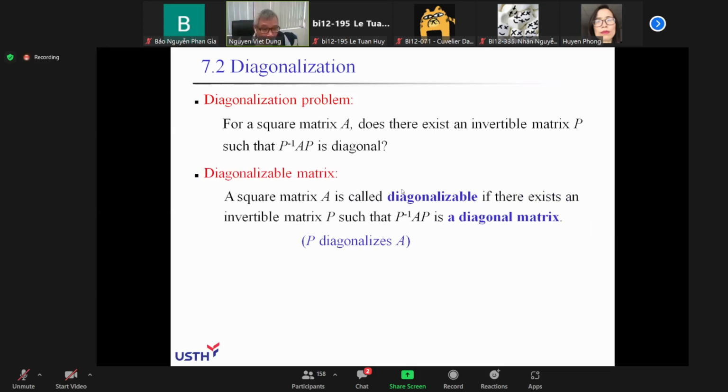If we can find such an invertible matrix P, then A will be diagonalizable. And we say that the matrix P diagonalizes the matrix A. Or in Vietnamese, we say matrix A là chéo hóa được, matrix P chéo hóa matrix A. So that is the terminology in Vietnamese.